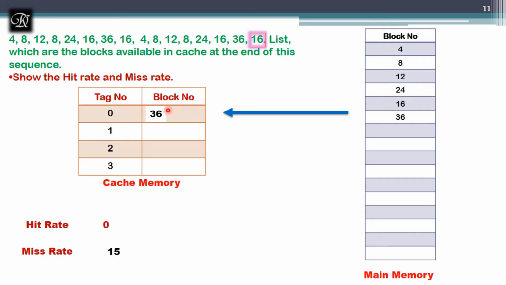It means in all these requests only line number 0 in the cache is used. The remaining 3 lines are not used, and I have a total of 16 requests here.